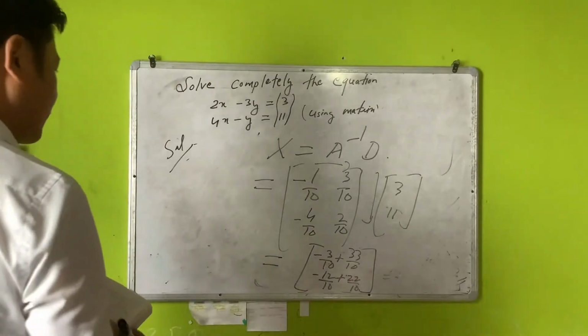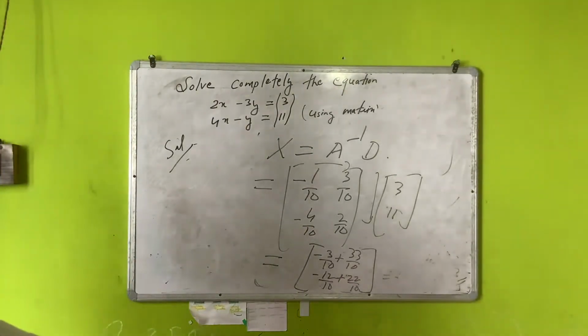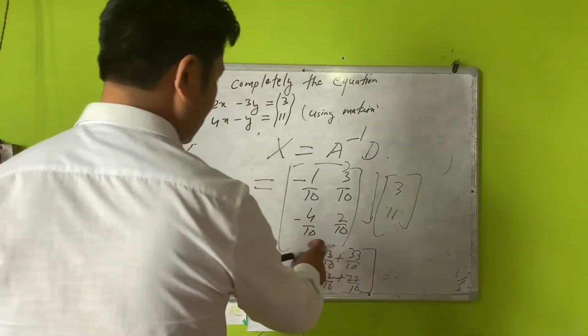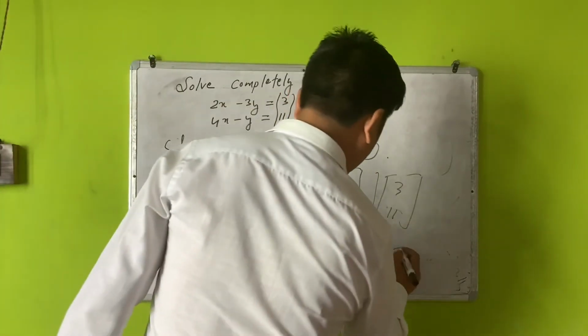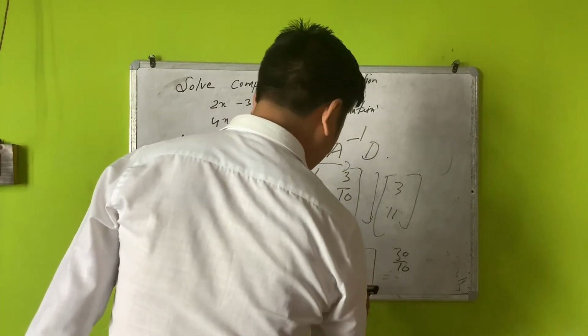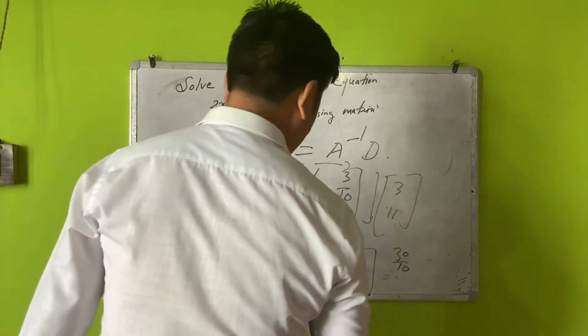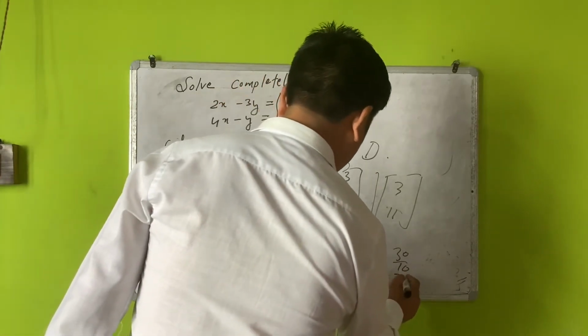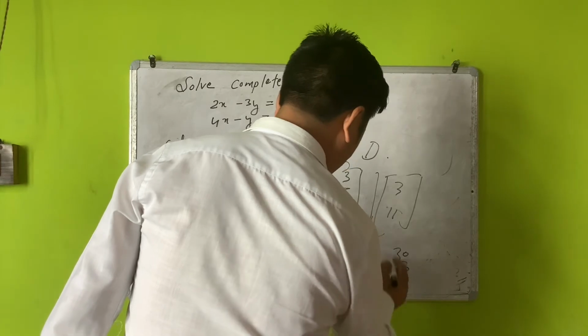Okay. So when you further multiply this, how much will it be? 30 by 10, after simplifying, how much will it be? This thing, 20 by 10.